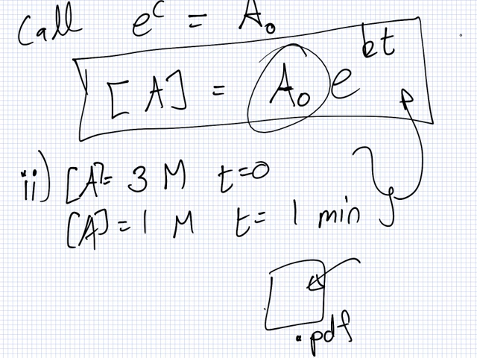It's better to do it. What did you get for K? Minus... Seems kind of small. Oh, because you changed it to 60 seconds. Did anyone not change it? I got one. It should be a negative.